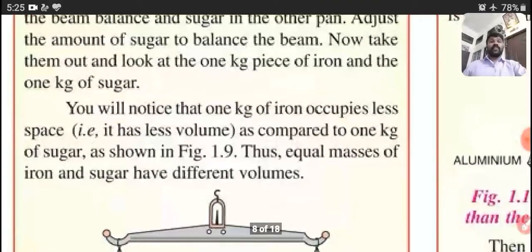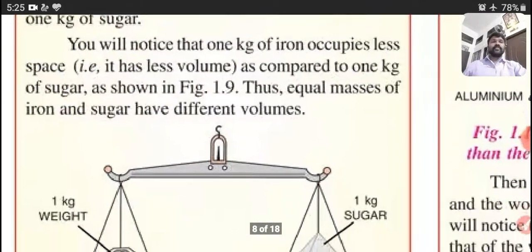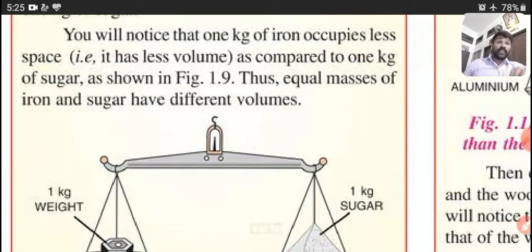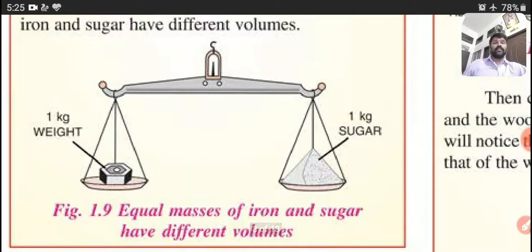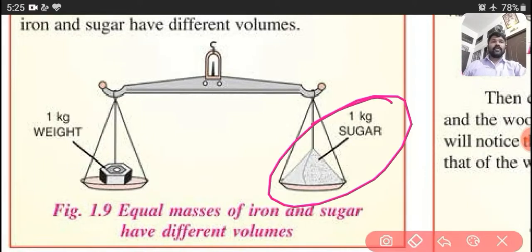You will notice that 1 kg of iron occupies less space as compared to 1 kg of sugar, as shown in the figure here. You observe the size of the 1 kg weight and here the 1 kg sugar.